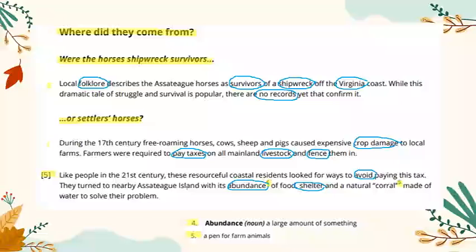Okay, a corral pen would be fenced in, but this is a natural corral made of water. Oh, because it's an island. Okay, that makes sense. So in other words, instead of having a fence up, you've got that water all around the island, so it kind of keeps the horses, so to speak, fenced in. All right, that makes sense.